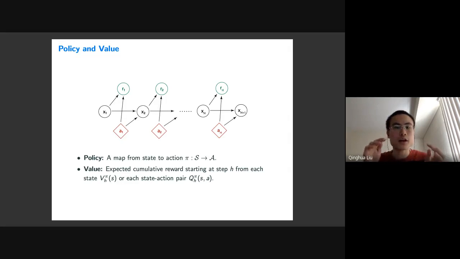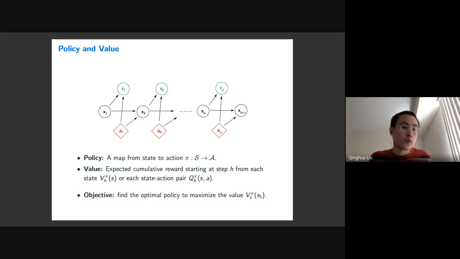So if we start from some state S, we will use the V function. And if we start from some state action pair, we will use the Q function. And the objective of reinforcement learning is to find the optimal policy to maximize the cumulative reward, starting from the initial state at the first step.